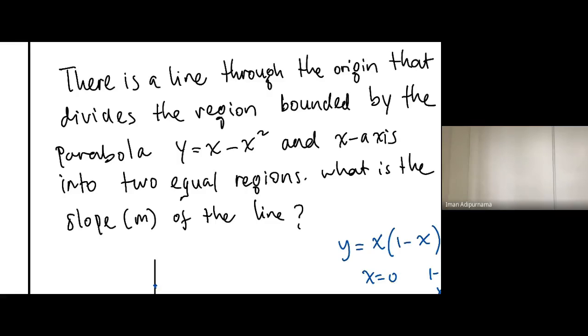And the area, this whole area, let's say A1 and A2. So it says A1 is equal to A2. I believe you can solve it. If you think there are too many variables, don't worry. I think you can solve it.